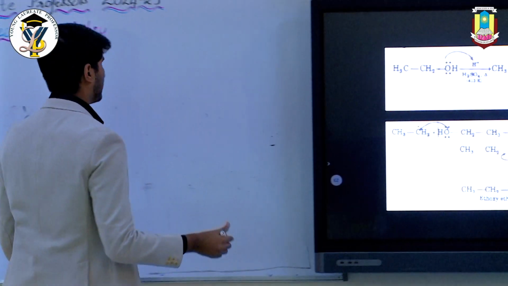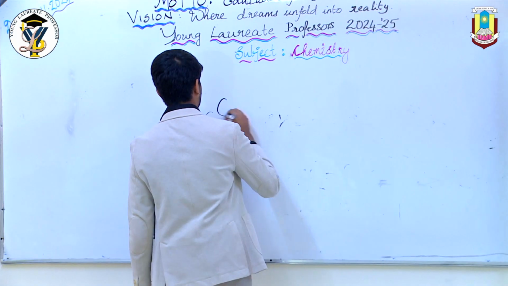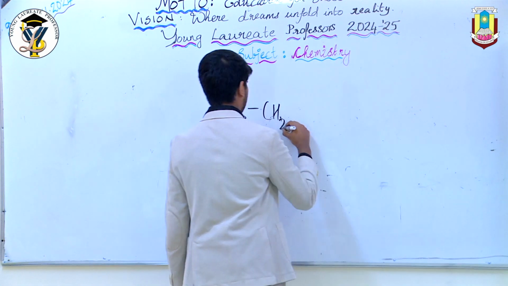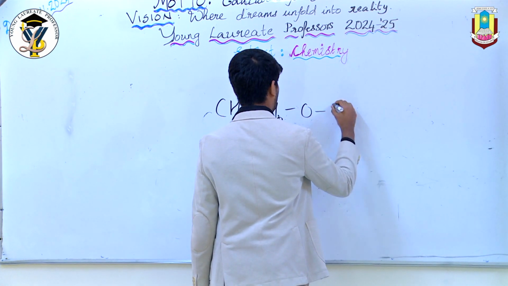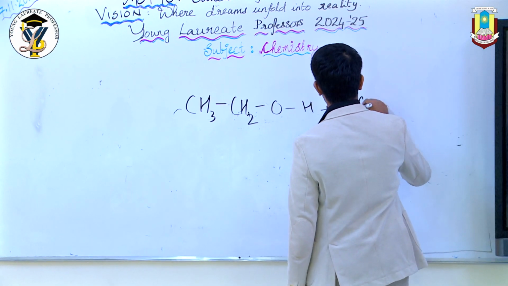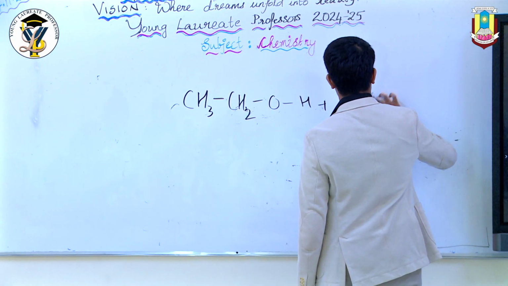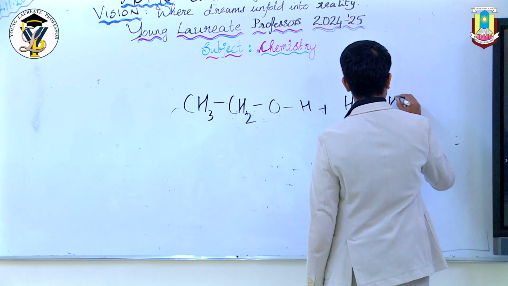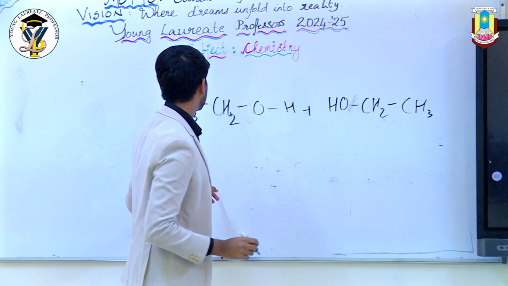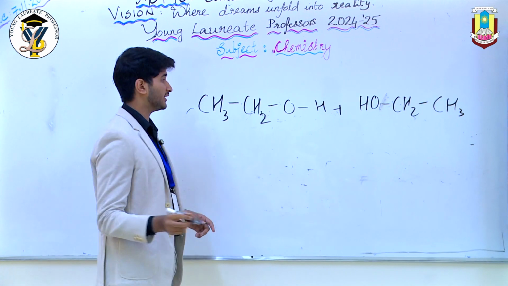An easy way to understand this is drawing two ethanols, CH3CH2OH plus OH CH2CH3. Now as you can see here, we need ethoxyethane.